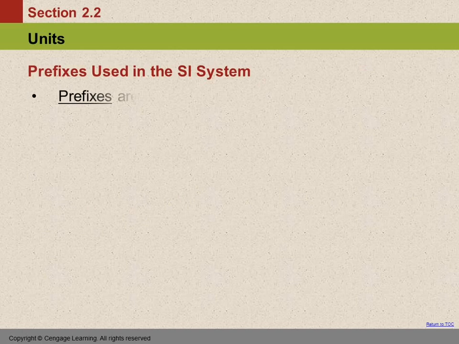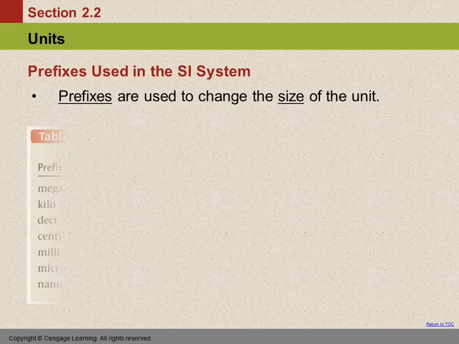What sets the SI system and the metric system apart from the English system mainly is the use of prefixes. In the English system, if you need different sized units, because measuring the distance from here to Minnesota in inches would result in a really big number, because it's like 2,500 miles. I know because my parents live in Minnesota and we've driven there.